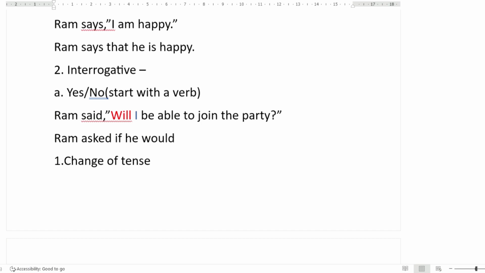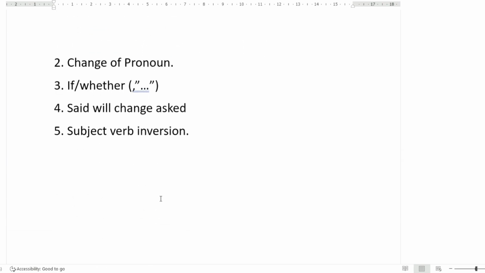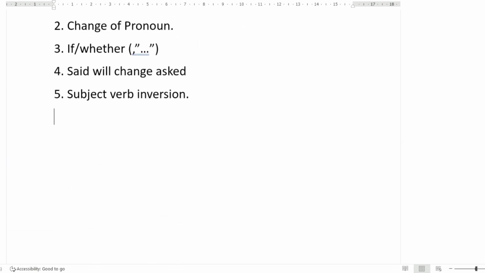So the answer will be, Ram asked if he would be able to join the party. So now the subject, that is he, has come before the verb. So this is how we change interrogative yes no questions to indirect speech.